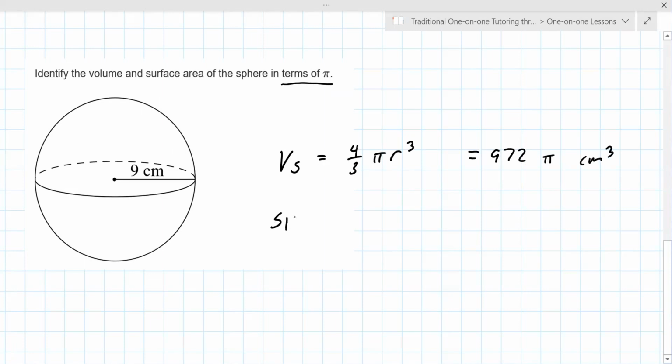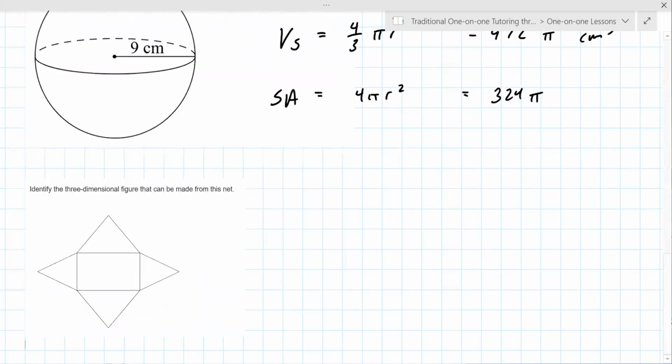Now, the surface area is 4 pi r squared. What is the surface area? 324 pi. Centimeters squared.